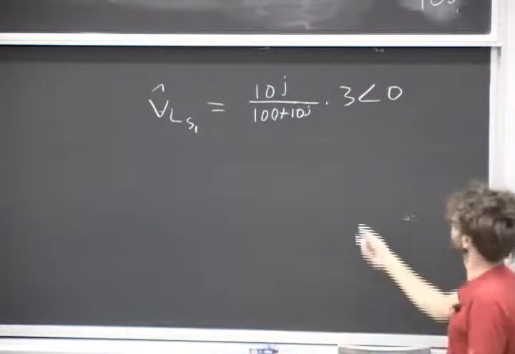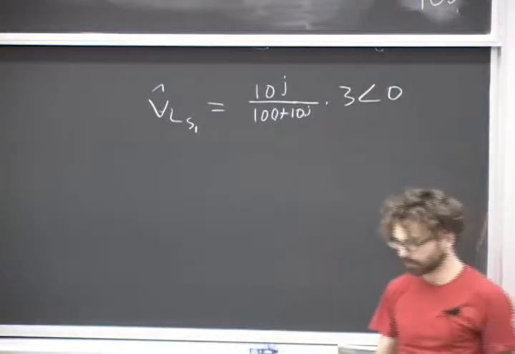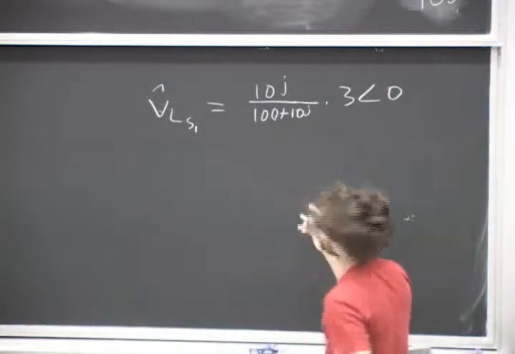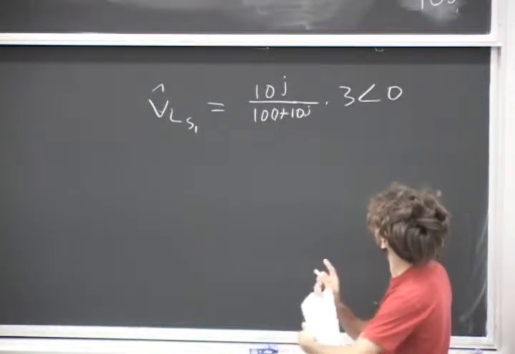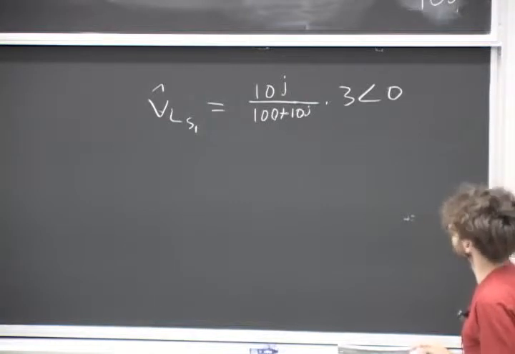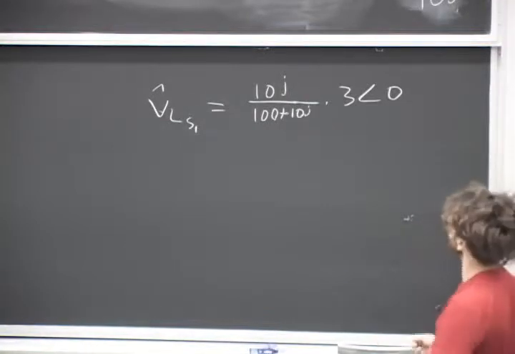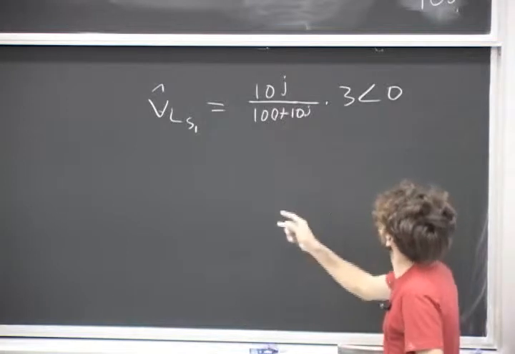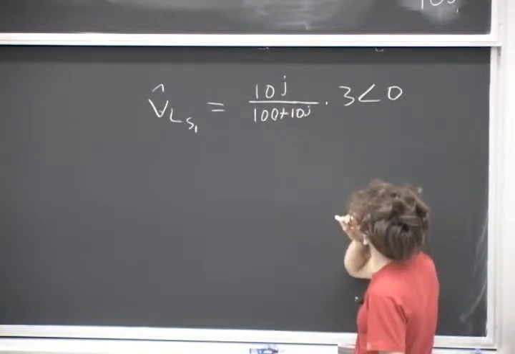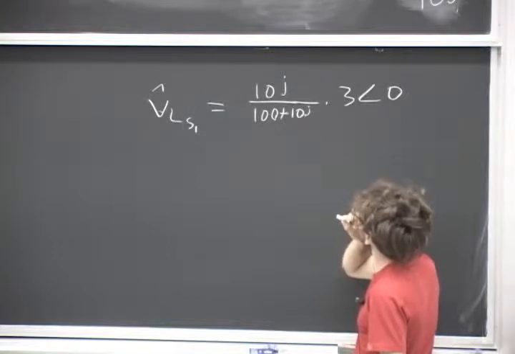So what do we do with this thing? Polarize it. Okay. So let's see. How do I want to do it? 10j. We could just divide out 10j. I think that's what I would do next. It's a little 1 over 10j.